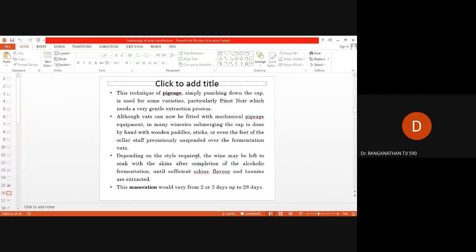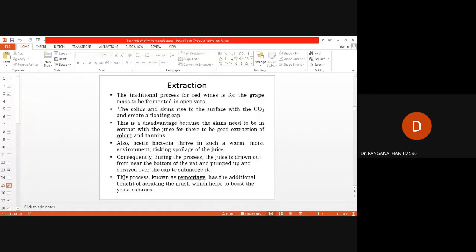So this is called remontage. What is remontage? I have the vessel, maybe a cylindrical or conical vessel as the case may be.